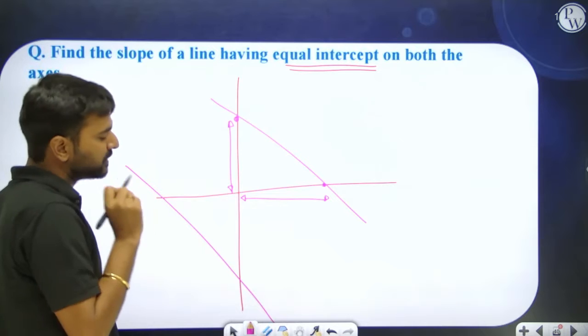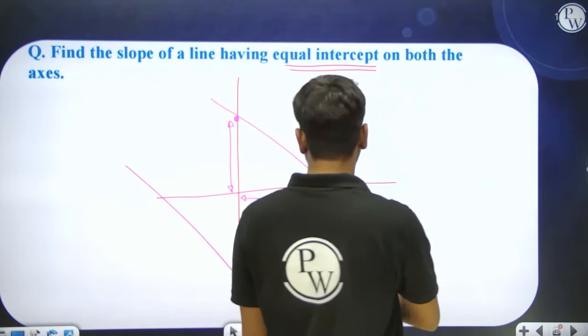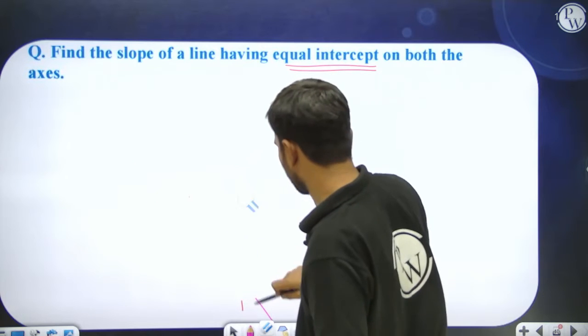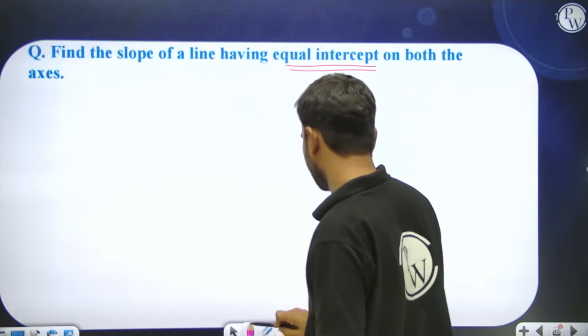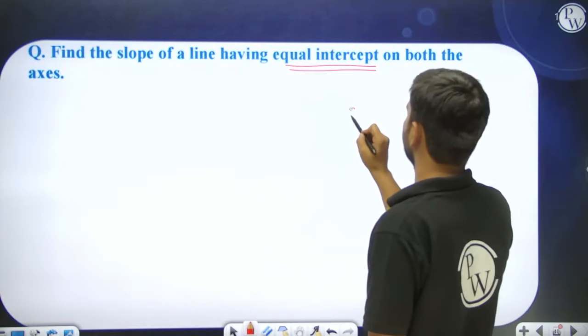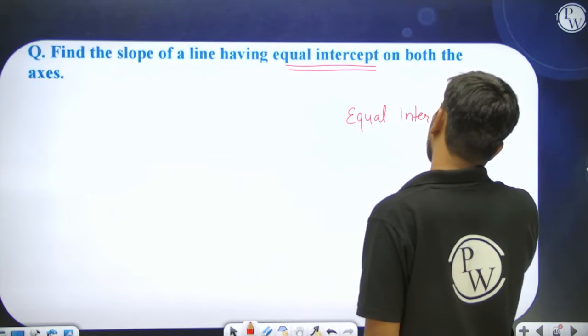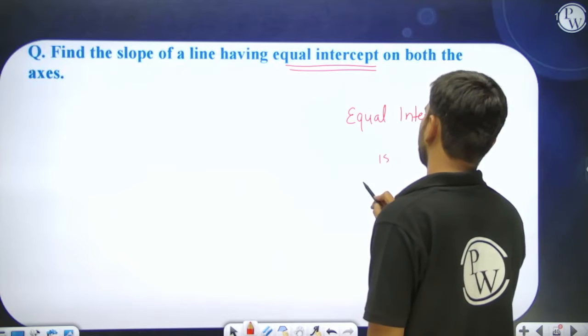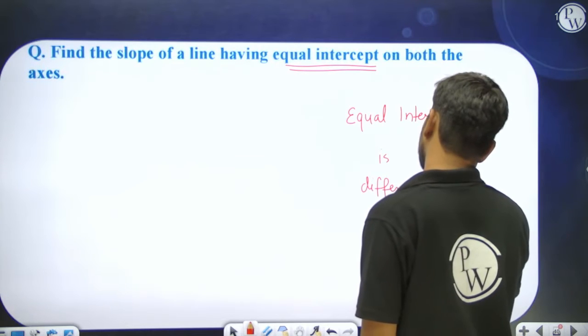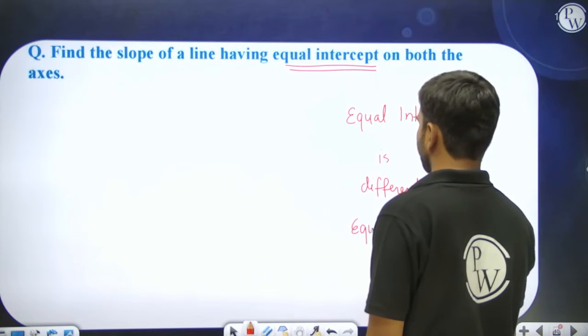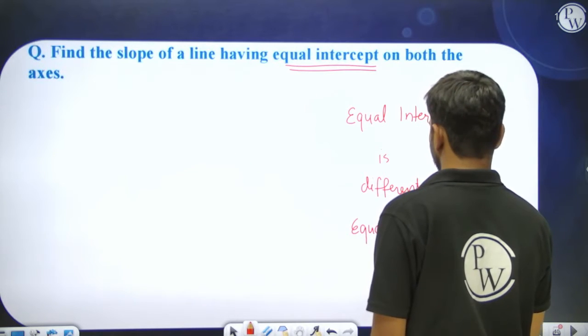Also understand, two things are there. Equal intercept is one thing and equal length of intercept is another thing. These are two different things. Equal intercept is different from equal length of intercepts.